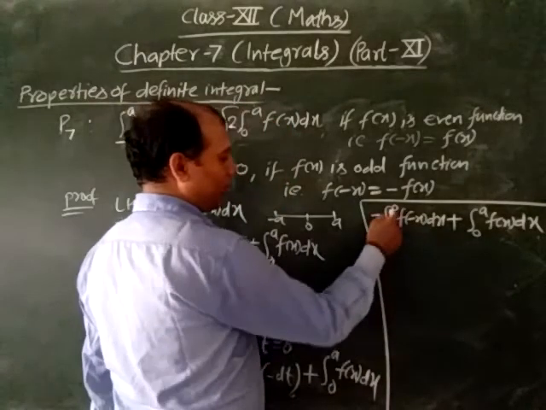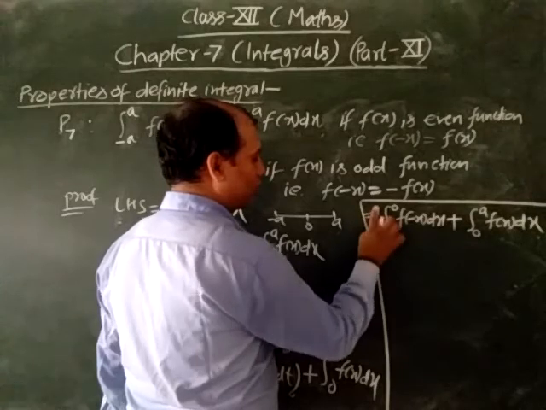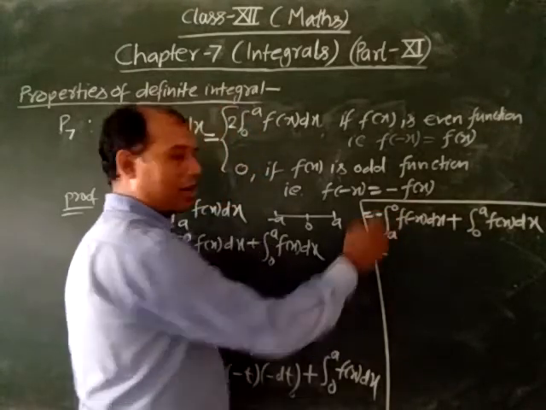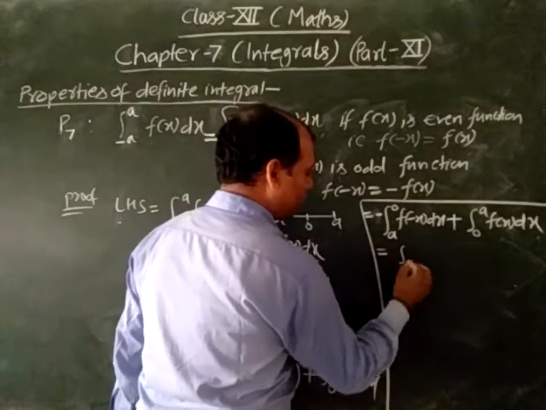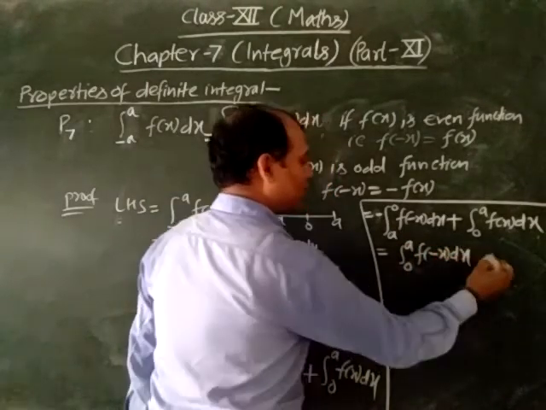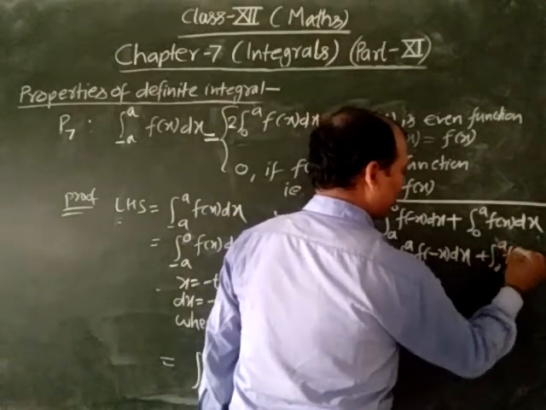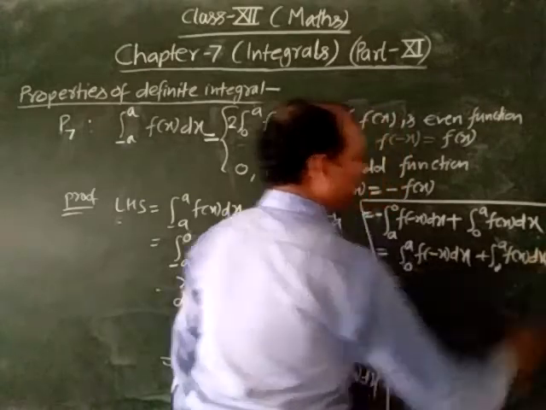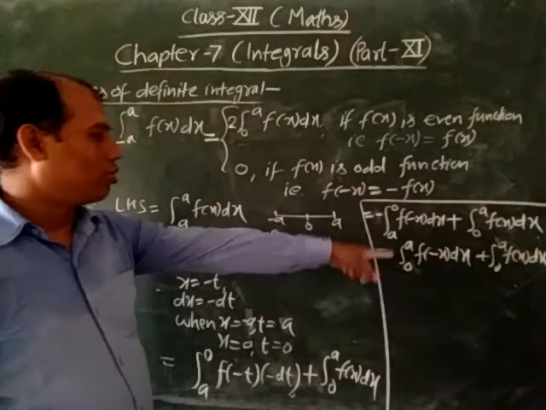Now if we interchange the limits, the sign of this integral changes from negative to positive. This is the integral from 0 to a of f(minus x) dx plus the integral from 0 to a of f(x) dx. Now we apply two conditions on this.